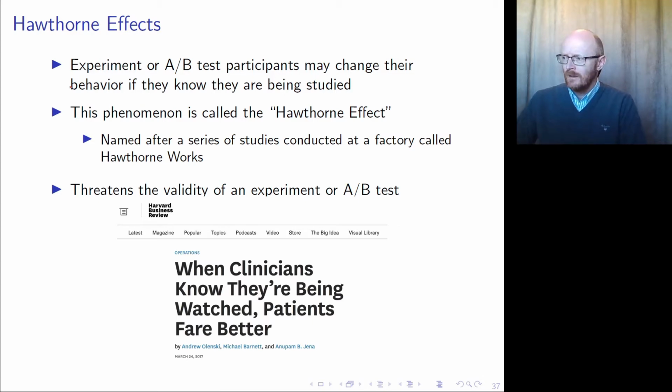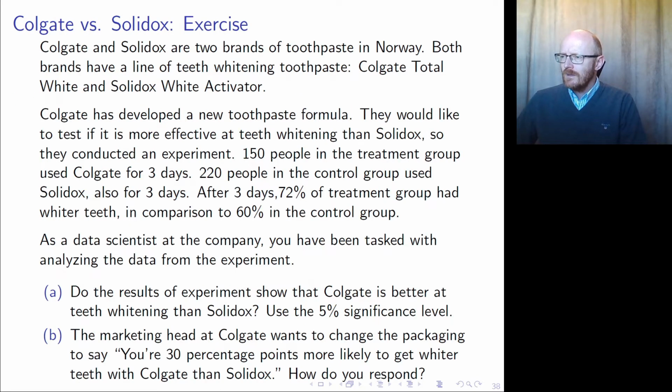So we have a last example here for lecture 4, and that's Colgate versus Solidux. Colgate and Solidux are two brands of toothpaste, and they each have a whitening toothpaste.